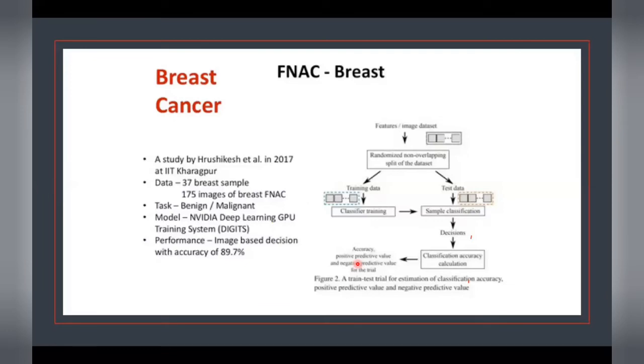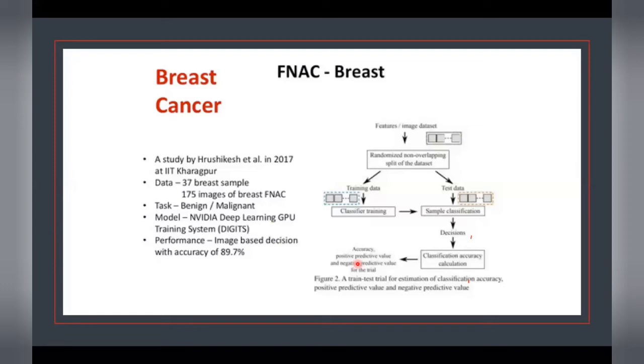So in 2017, Rishikesh at IIT Kharagpur took about 175 images out of 37 breast samples and sent them through a GPU. A GPU is a graphics processing unit. It is where the heart and the brain are, where it processes the images.